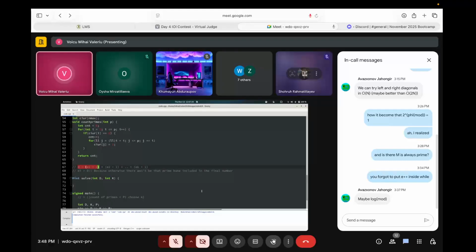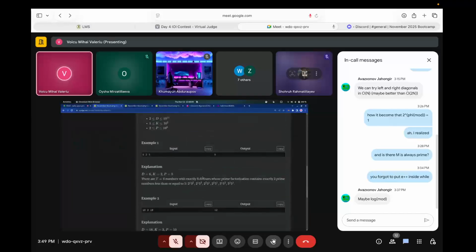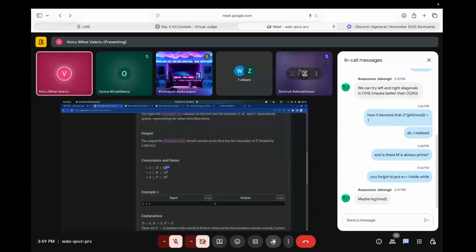What would come to mind would be to make some sort of dp, where dp of D of K equals dp of D over some value C, of K minus 1, sum of, let's see, divide, and then print dp of uppercase D of uppercase K. The problem is that the number of divisors of D might be around, in such a case, let's say 10 to the power of 4.